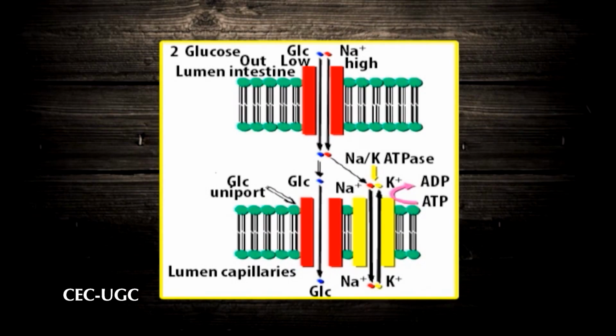In this case, the carrier protein is a complex macromolecule and possesses two sites, one for sodium ion and the other for glucose. While the binding sites of the protein are facing the external fluid, both sodium and glucose bind to their specific sites. The binding is facilitated in the sense that the binding of one molecule promotes the binding of the other.